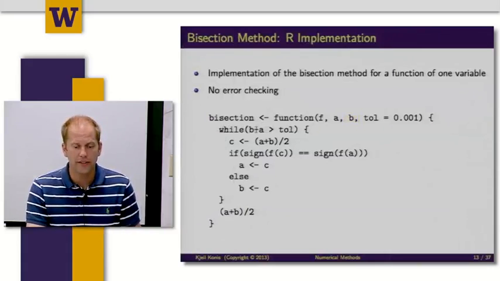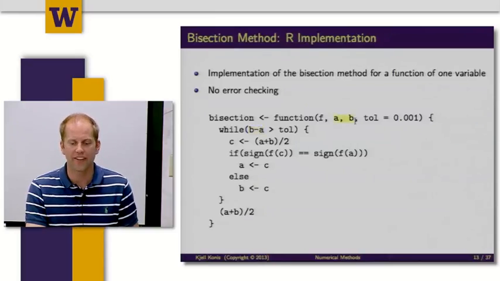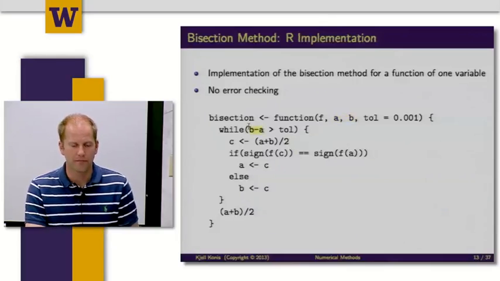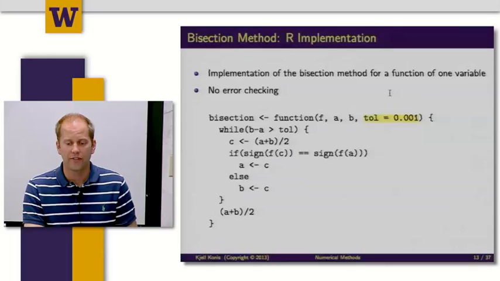And so I know b is going to be greater than a. That's another thing that this isn't checking. I could put in -3 for b and +5 for a, and the function's still going to run. So while b minus a is greater than this tolerance value, and this is another nice feature of R. If I want to have an argument here that you can change, but I don't want it to be required every time you run the function, I can put an equals here.